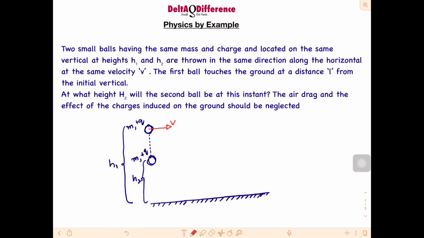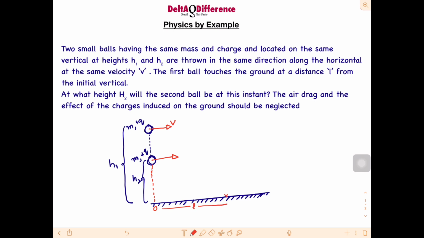This is v, this is v. Now, what the question says is, the first ball touches the ground at a distance L from the initial vertical. That means after some time, the first ball touches the ground at L from here, let me say this is O.